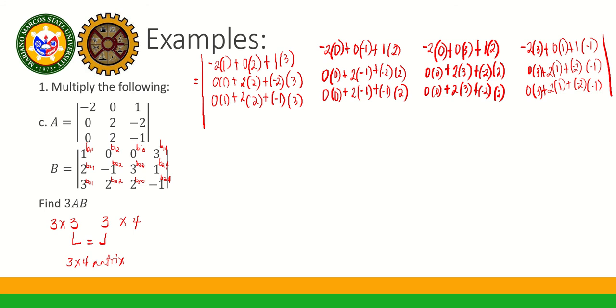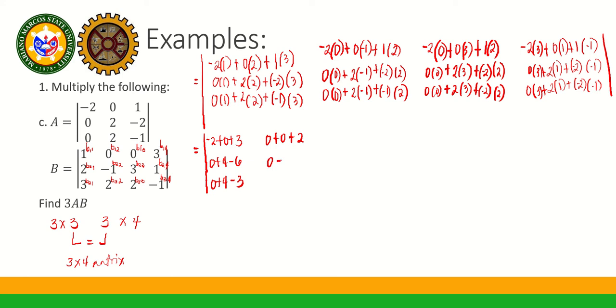And we simplify. So this will be equal to, okay, this is negative 2 plus 0 plus 3. This is 0 plus 4 minus 6 kasi negative times positive. And this will be equal to 0 plus 4 minus 3. For our second column, this will be equal to 0 plus 0 plus 2.